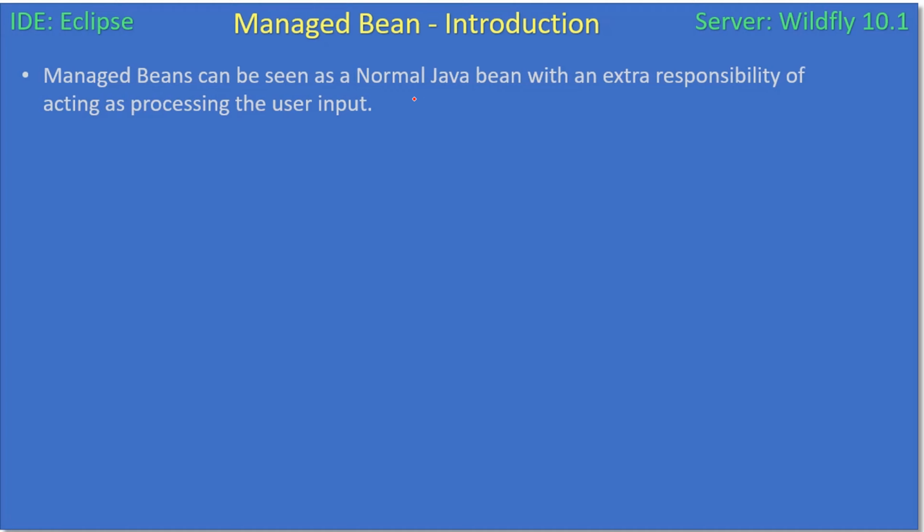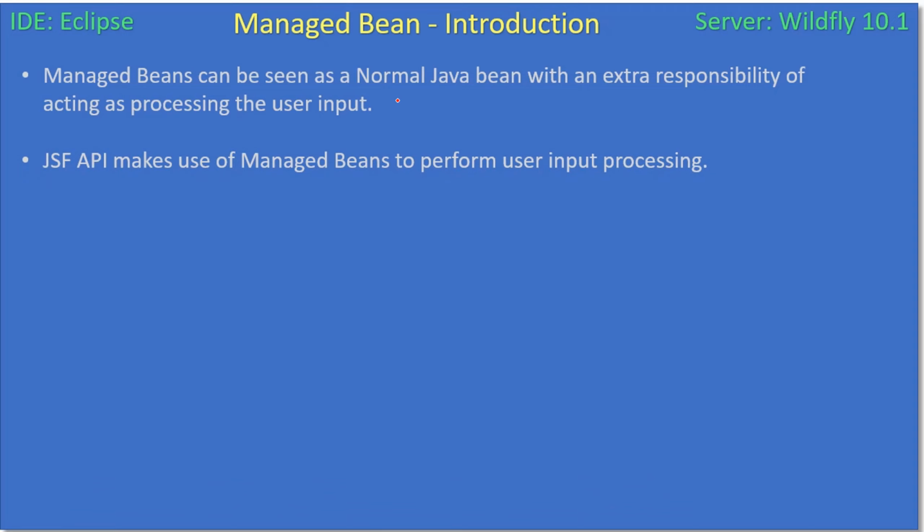That's what we are going to see in this example. Then the JSF API makes use of managed beans to perform user input processing. In the last video we saw how JSF stored the value inside a standard data type, string data type.